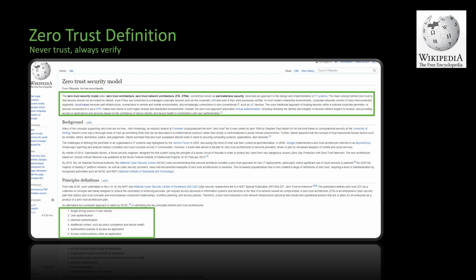And if you look at some of the elements down here, some of the principles: single strong source of user identity, user authentication, machine authentication, additional context such as policy, compliance, and device health, authorization policies to access an application, and access control policies within an application.